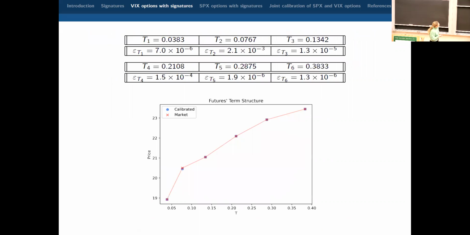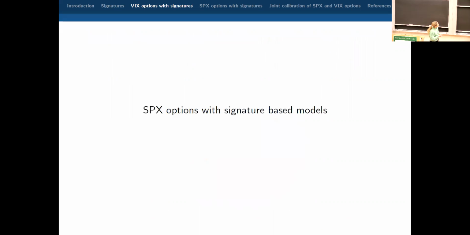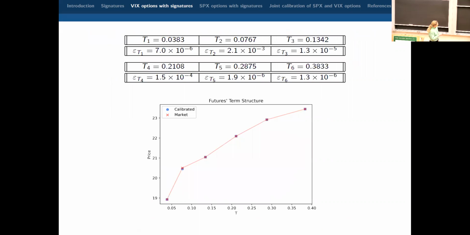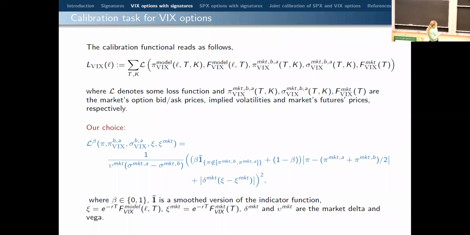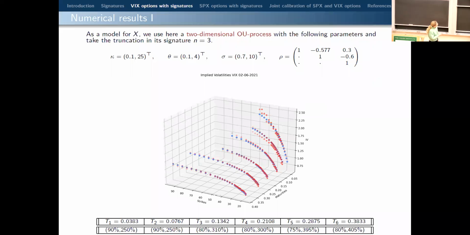I went in the wrong direction. So now here are the first numerical results. With a two-dimensional OU process, we go with the signature up to order n, and here are what I call hyperparameters.